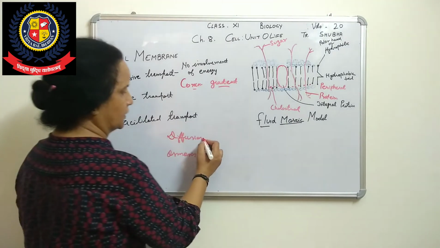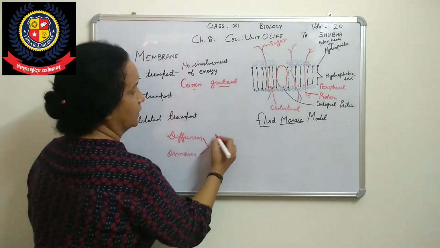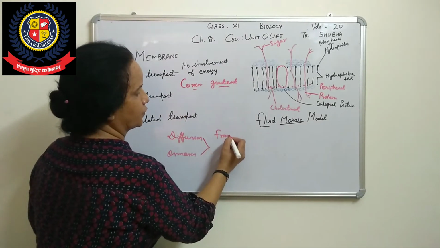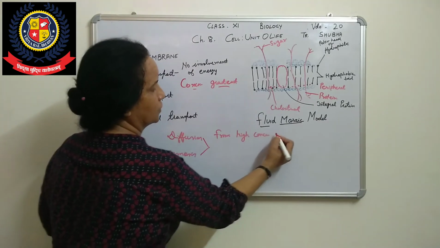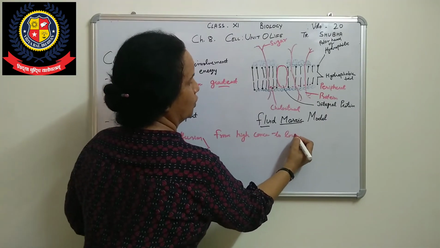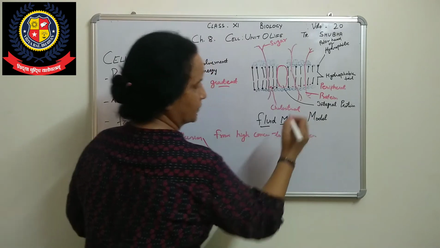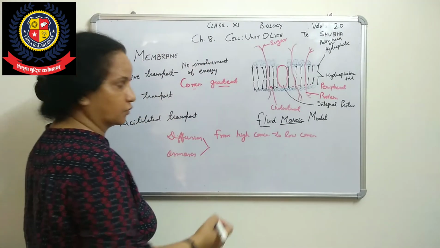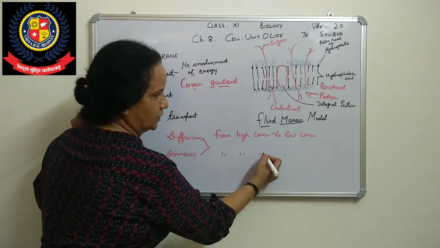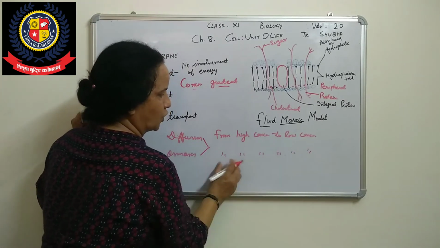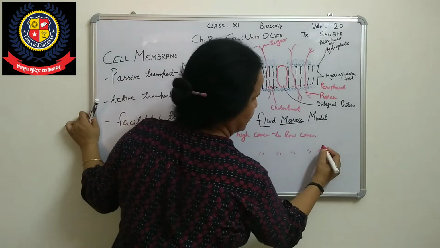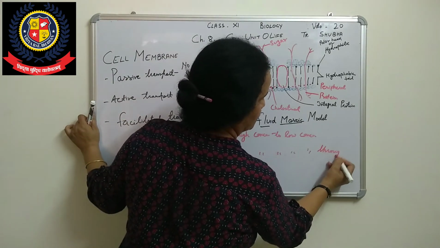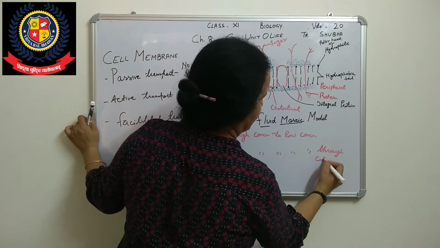In both cases what will happen? From high concentration to low concentration. Osmosis is also the same, but we can add one word here: from high concentration to low concentration through the plasma membrane or cell membrane.